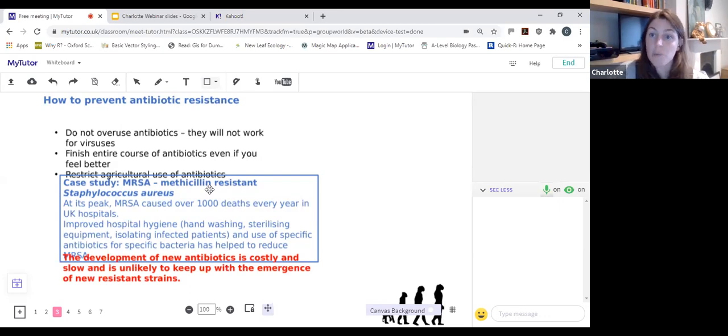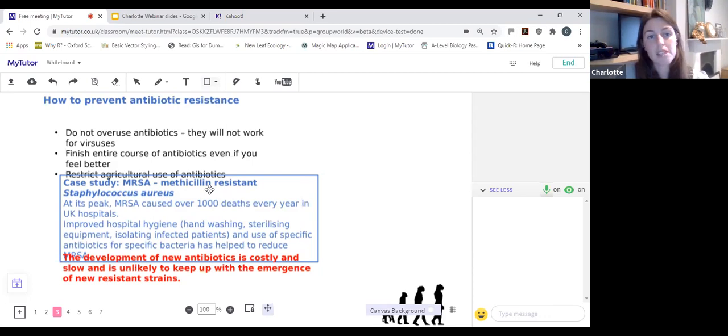The second thing that we can all do when we're prescribed antibiotics, because we all will be at some point, is to finish the entire course. So quite often you get halfway through a course of antibiotics and you start to feel an awful lot better, which is great. And you then think, oh, I'm better now, don't waste the drug, I'll stop taking them now.